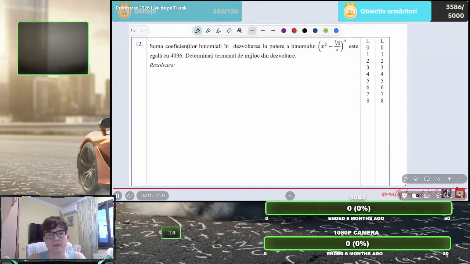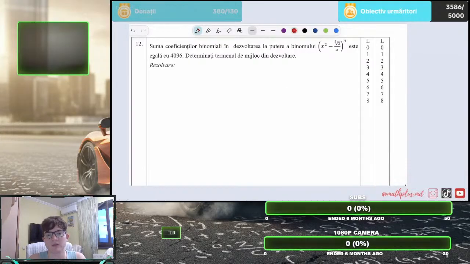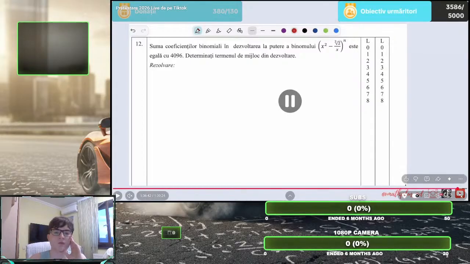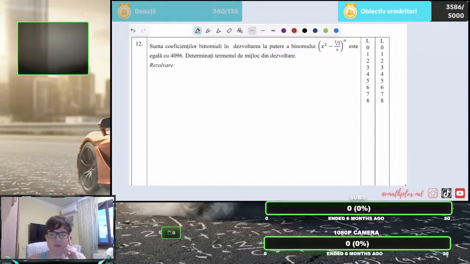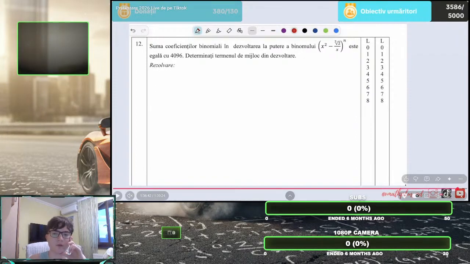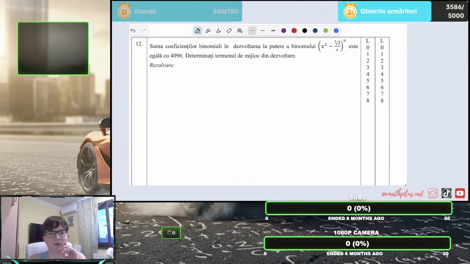Then you solve for k using the general formula, and then you do the middle thing, so n divided by 2 plus 1 gives the term number, and then you solve it and write it down. That's essentially what you need to do right here.